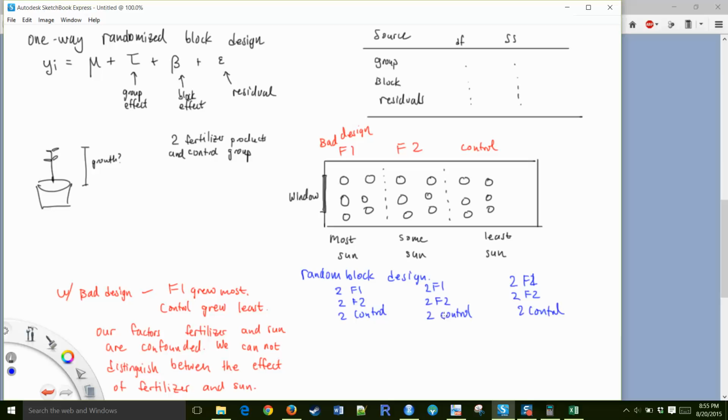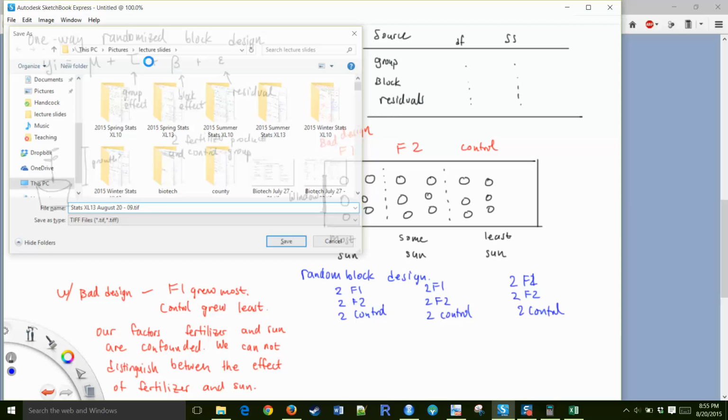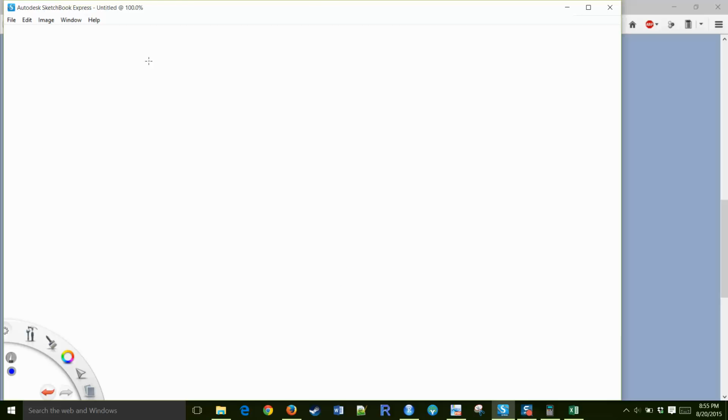So this is effect 1, this is effect 2, and this is called an interaction. And this is the residual. So here there are still two effects, but then we also take into account an interaction.